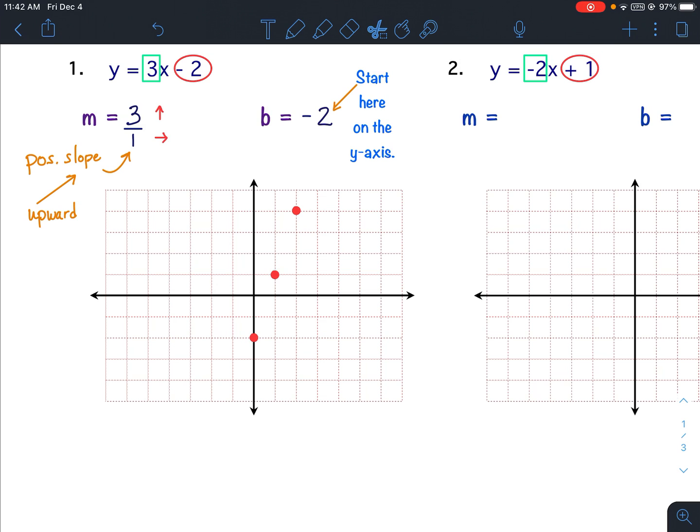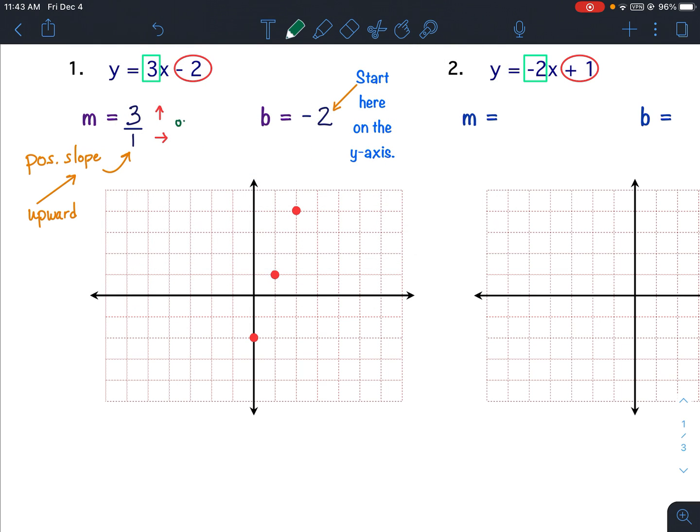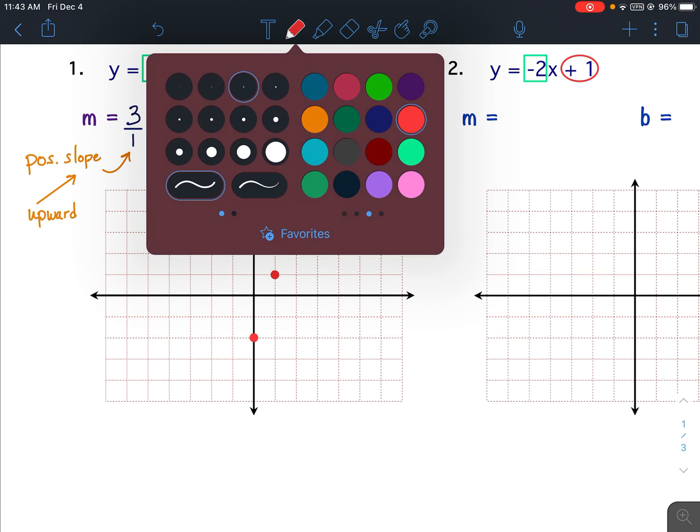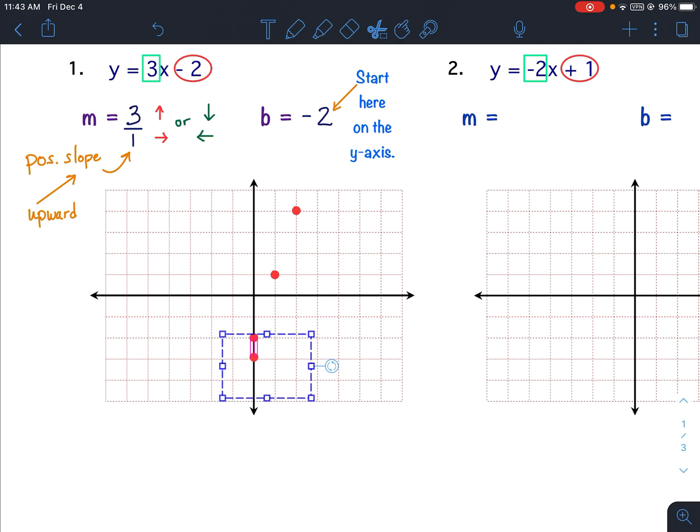So now that we've gone up and to the right as far as we can go, we're going to switch it up and do the opposite. So we go back to our starting point here. Go back to that starting point, and instead of going up 3, we will go down 3. And instead of going to the right 1, we'll go to the left 1. So we're now going the opposite direction. So I go down 3, 1, 2, 3, and then to the left 1.